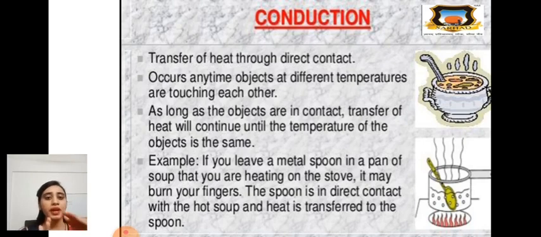After some time heat is transferred to every part of the spoon and it may burn your fingers when you touch that spoon. The spoon is in direct contact with the hot soup and heat is transferred to the spoon. In this way you can do other activities also. Okay, understood?